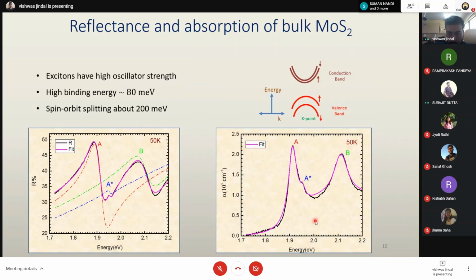So this was for representation purposes only. What the papers wanted to show was that the valence band and conduction band of certain spins only form an exciton, and those of the other spin form the other exciton. These two will be involved in the formation of one kind of exciton, and these two will be involved in the formation of the other kind of exciton.